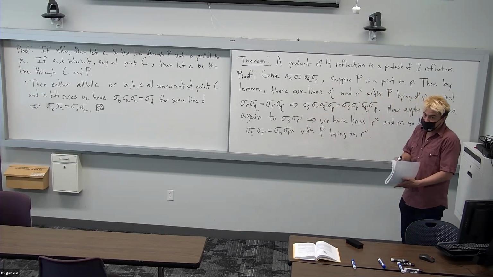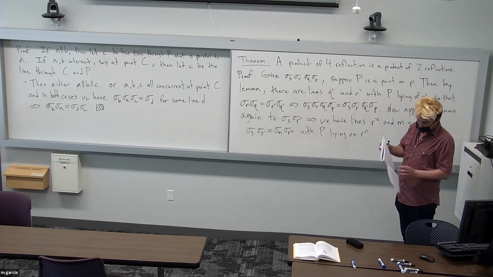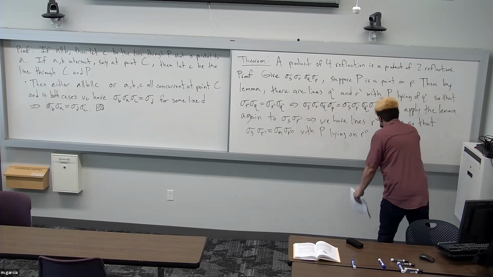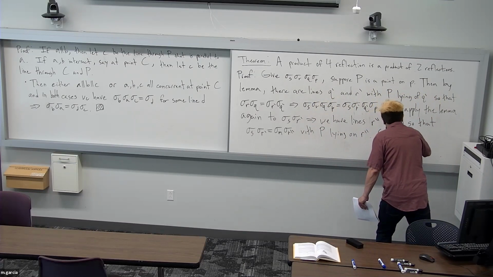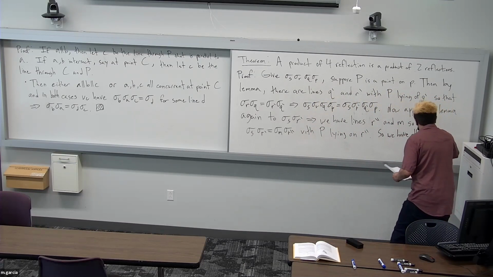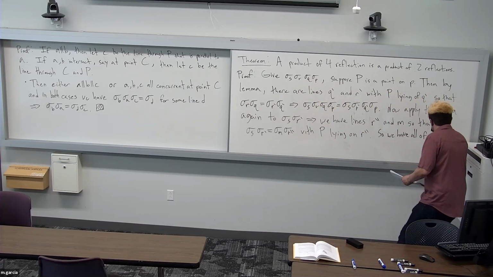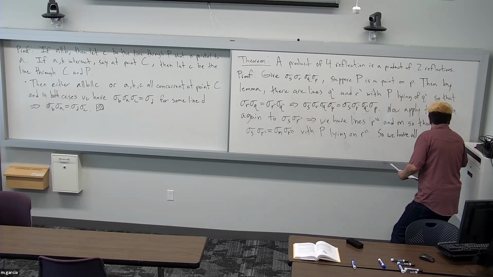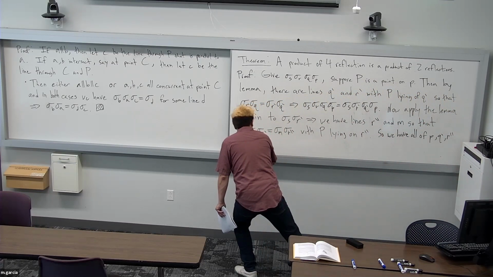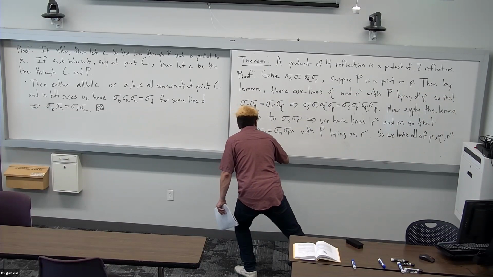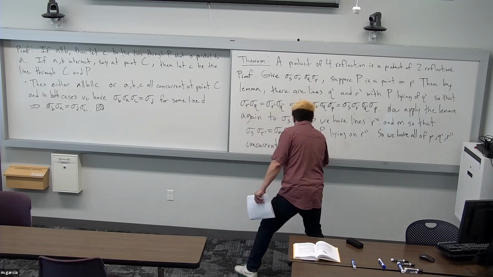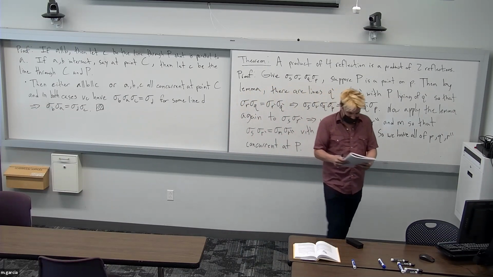Okay, now we just compute. And as Zach noted, this is worth writing down. So we have all of P, Q prime, and R double prime concurrent at point P.